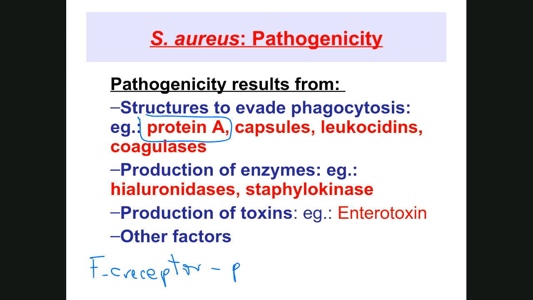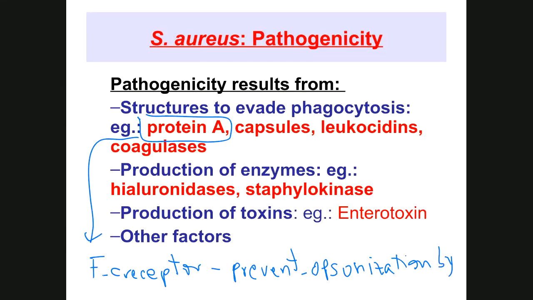If the cell can prevent opsonization by antibodies, it can prevent phagocytosis.